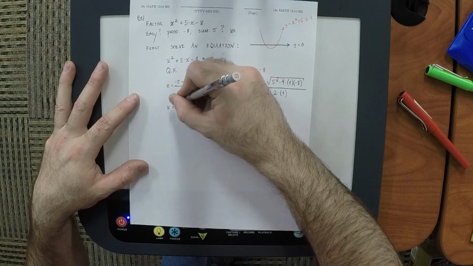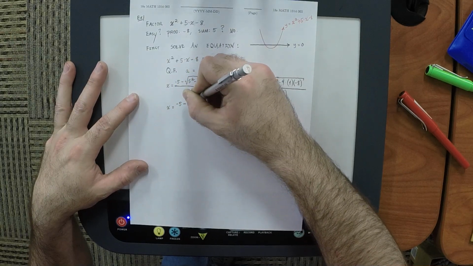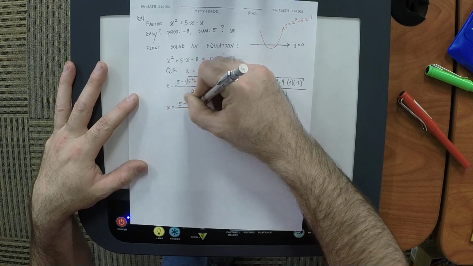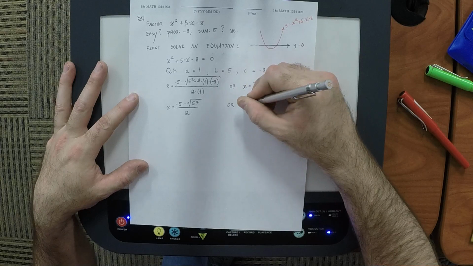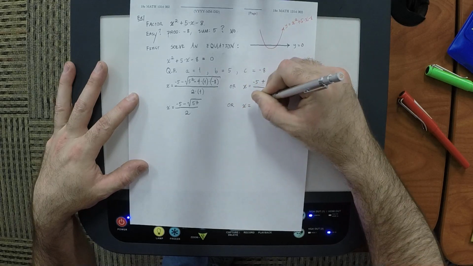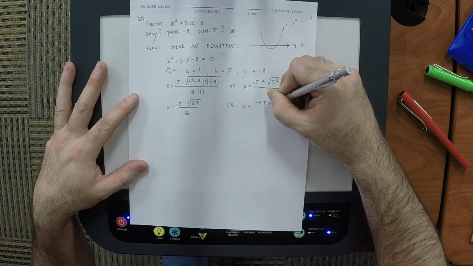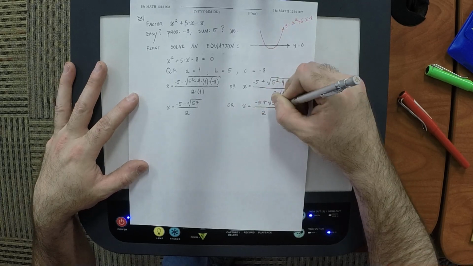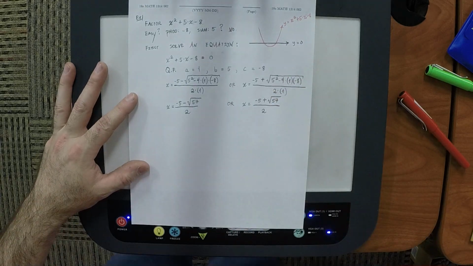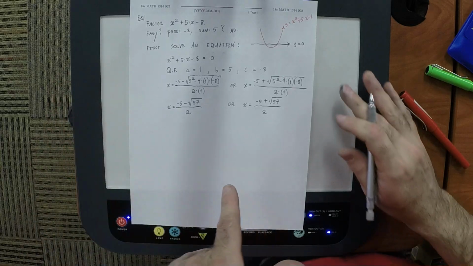So x would be negative 5 subtract the square root of 57 over 2. That's one possibility. The other possibility is that x is negative 5 plus the square root of 57 over 2. Okay. So, is this the answer to the question?